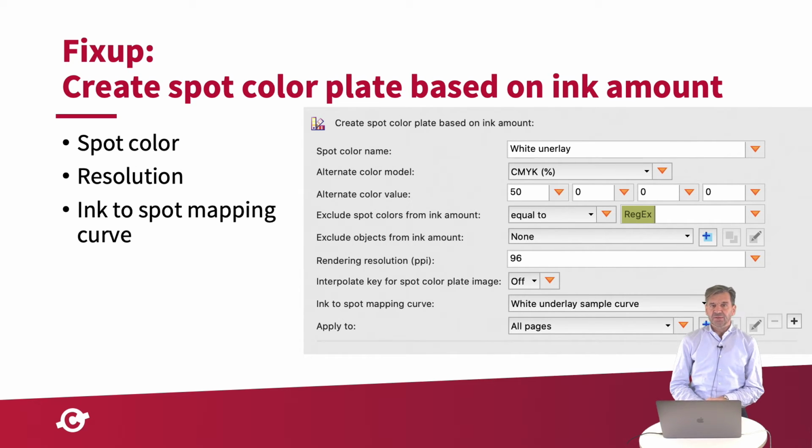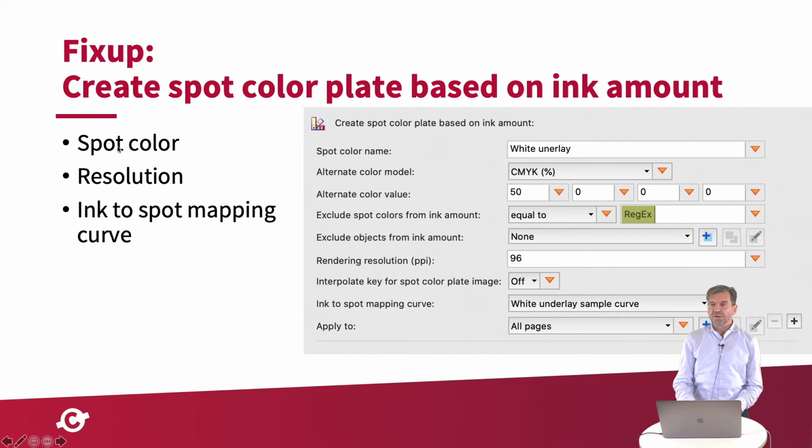So as I've said, in theory, you could do that, and beginning with pdfToolbox 12, you can also do that in reality in pdfToolbox. There is a new Fixup which has the name Create Spot Color Plate based on ink amount, and that basically does what I've just said. So it has a number of parameters, as you can see.